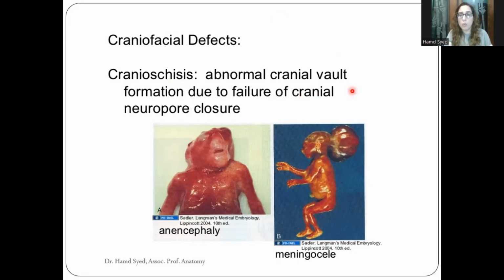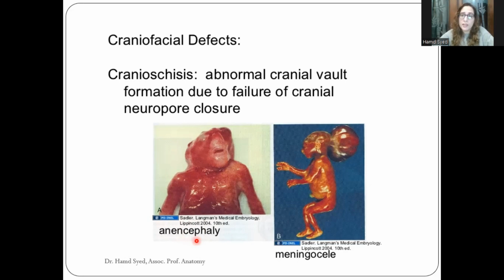If the cranial vault is not formed, that is the top and sides of the skull is absent, that is acrania. That can cause the exposure of the brain tissue to the macerating, that is the harmful, effects of amniotic fluid, and that will cause erosion and necrosis of the brain tissue. This condition is known as anencephaly, and it is incompatible with life.